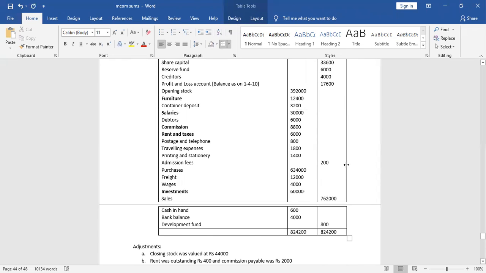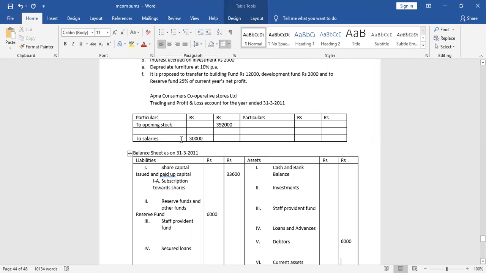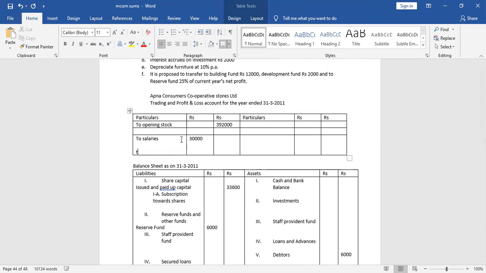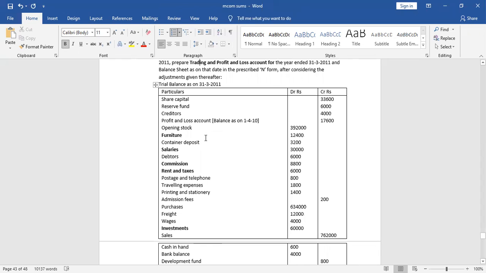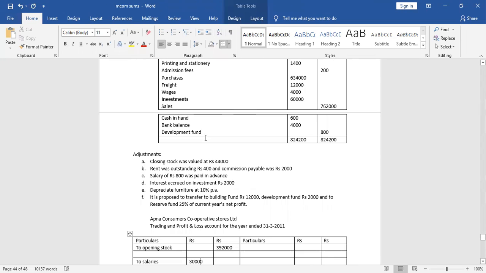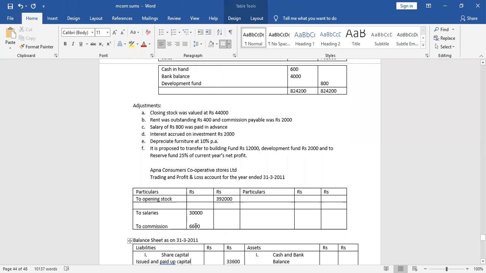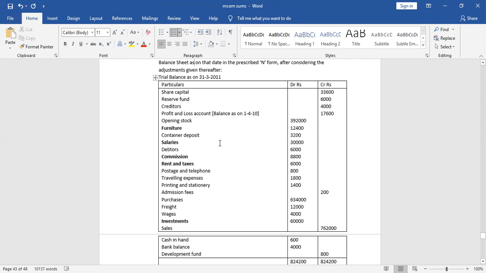Then what we have? Commission. This also has an adjustment. So leaving one line, we will write to commission 6,600. Sorry, is it 6,600 or any other amount? Commission is 8,800. I'm very sorry. What else we have? Rent and taxes.